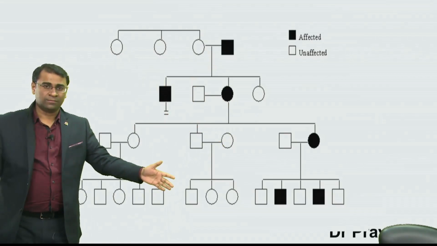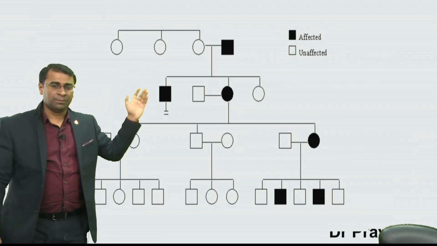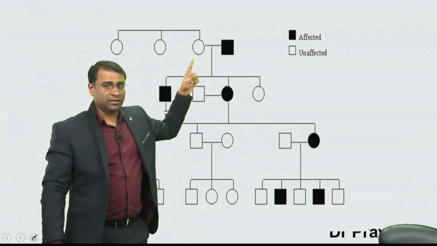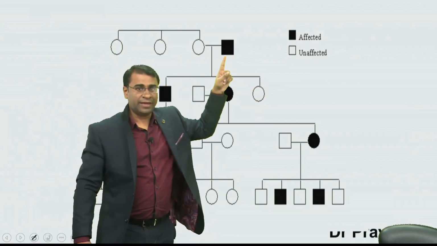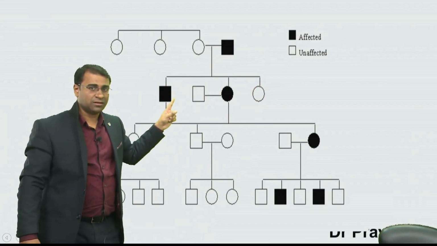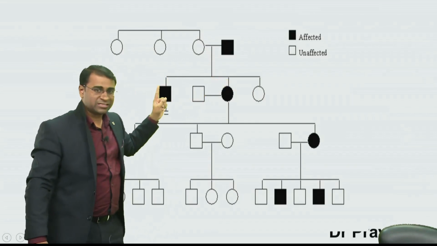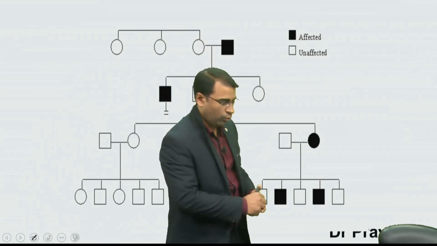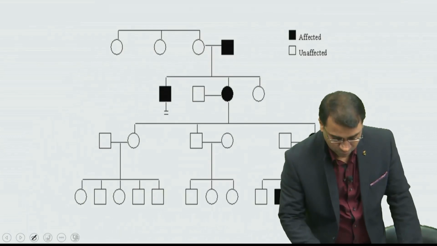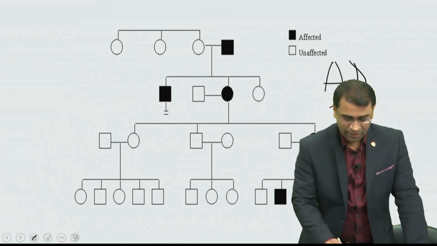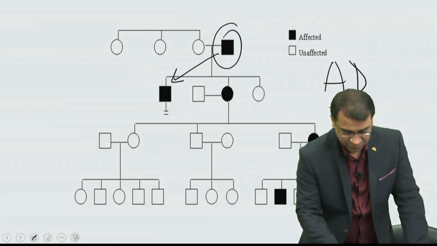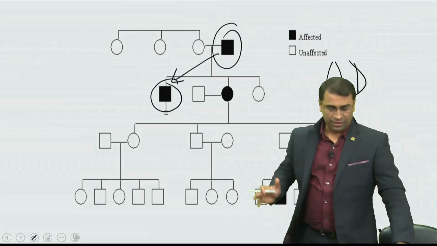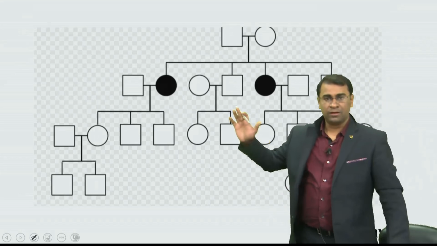Nowhere here, but here the male has transmitted to son. Can it be X-linked? No. It again is autosomal dominant, because male has transmitted to son. Cannot be X-linked. Next.